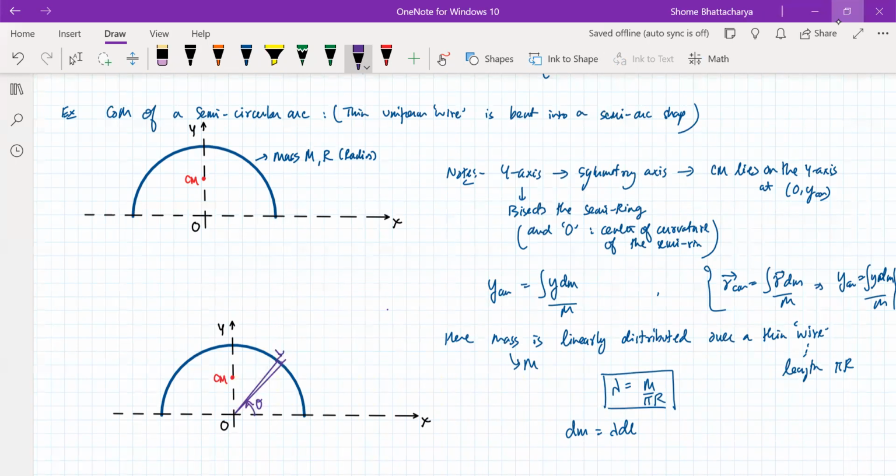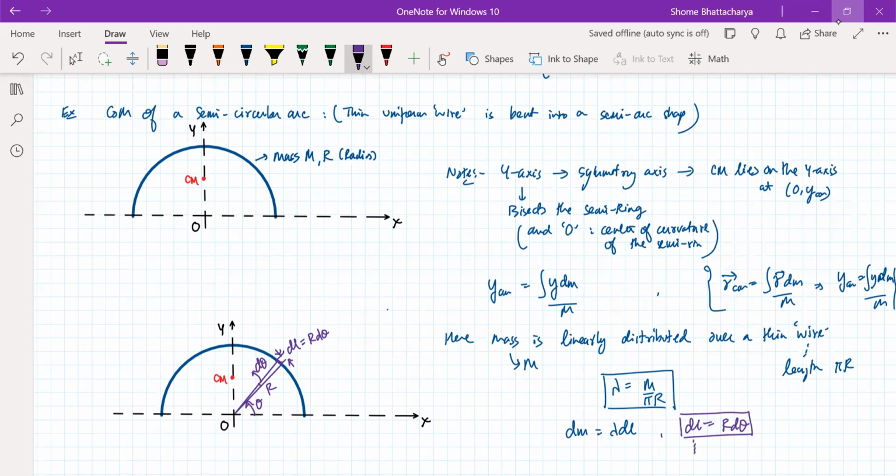If its length is dl, then it is also subtending a small angle d theta. So the length of that section should be radius into angle. So dl is r d theta. This is how we locate a differential arc length on a circular ring.